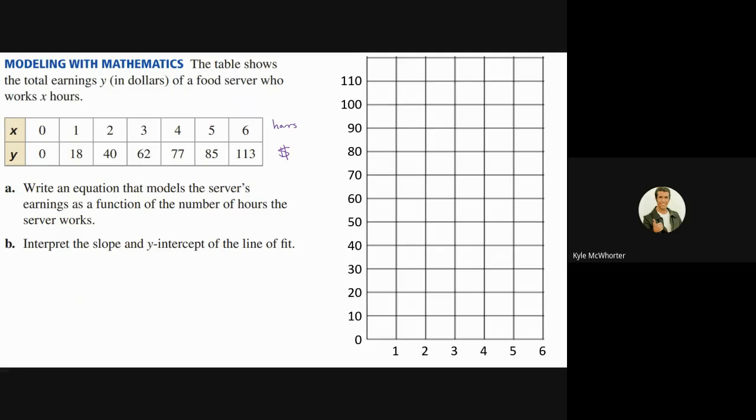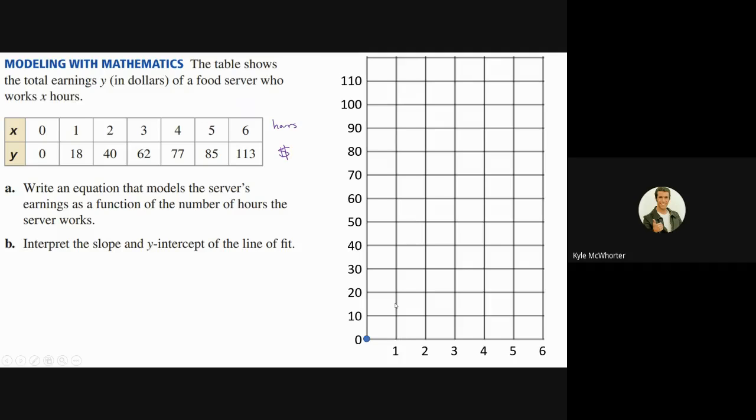So 0, 0, that's right here. Let me see if I get my laser pointer working. 1, 18. So over 1, up 18. Don't want to use the laser pointer, then I can't click.